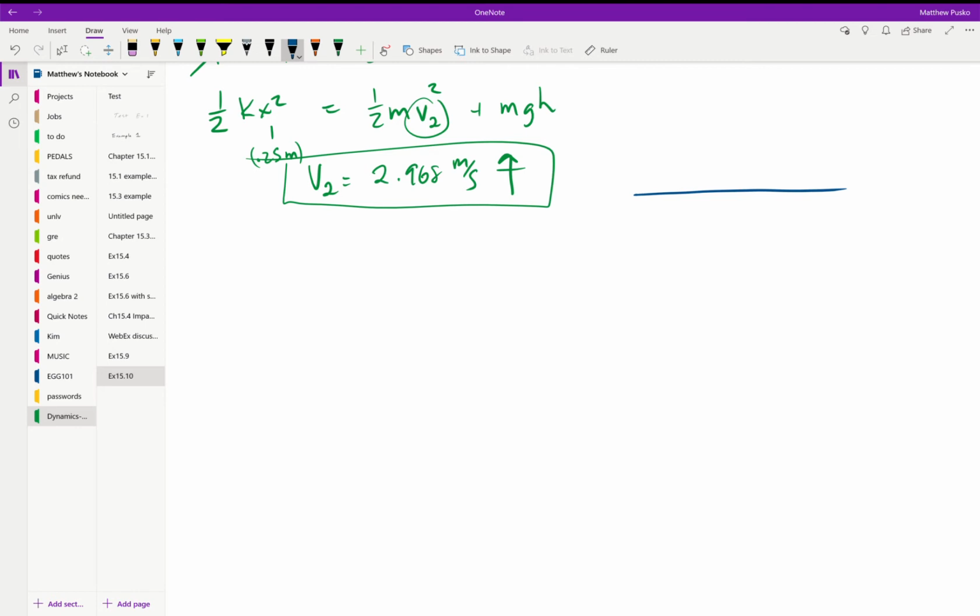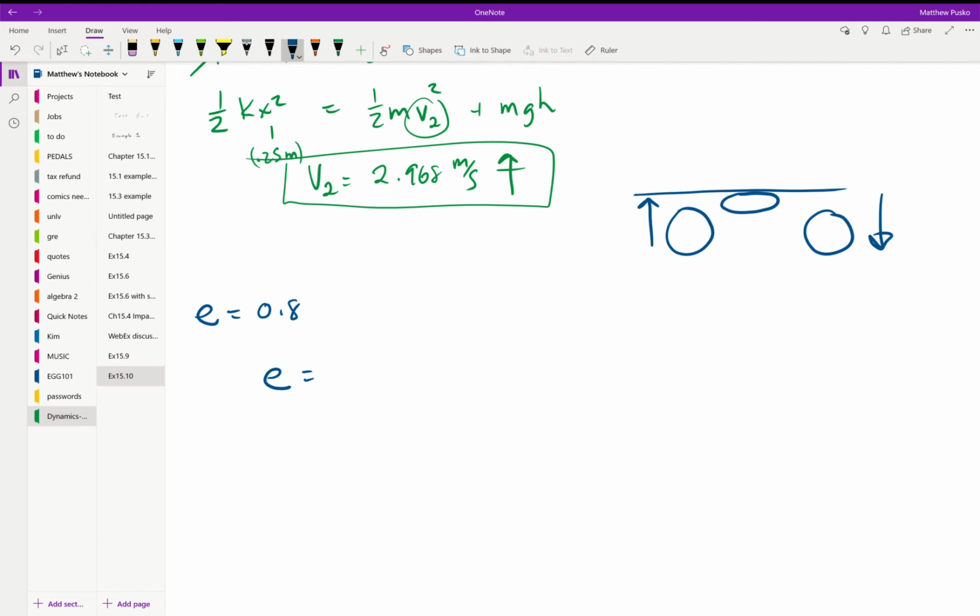So if that was how fast the ball was going right before it hit, it's going to deform, and then it's going to bounce back the other way. So they gave us e as 0.8, the coefficient of restitution. Let's see what we can do with that.